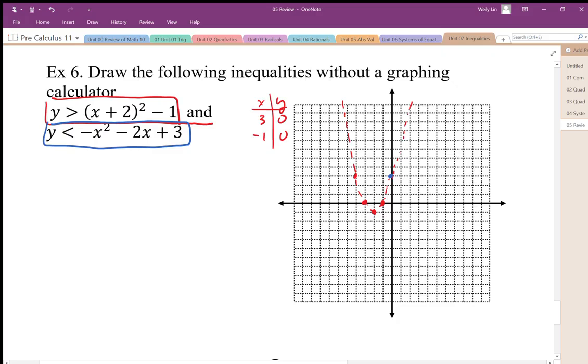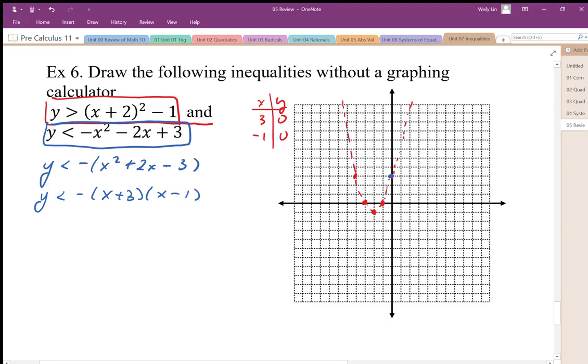There are some options here. We can use the vertex formula to find the vertex, or we can use the factored form. I'm going to use the factored form. I can get the zeros, and from the zeros I can use symmetry to get the vertex.